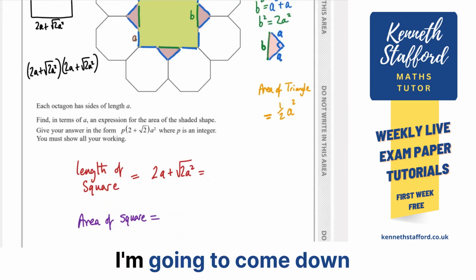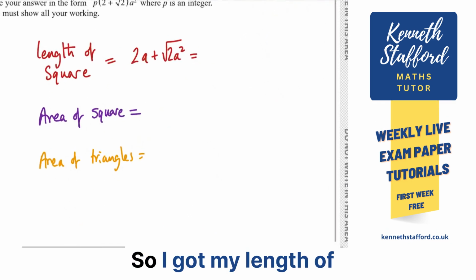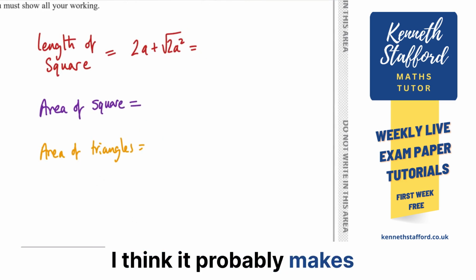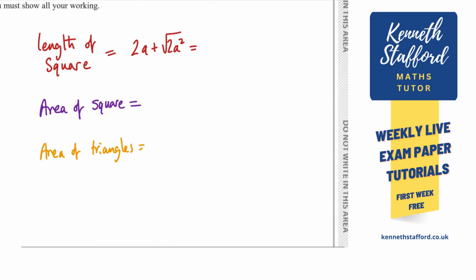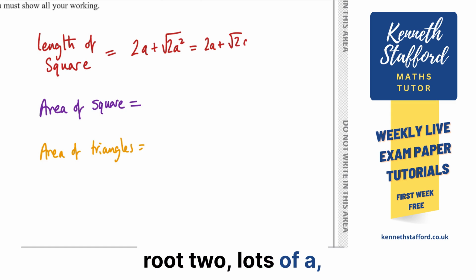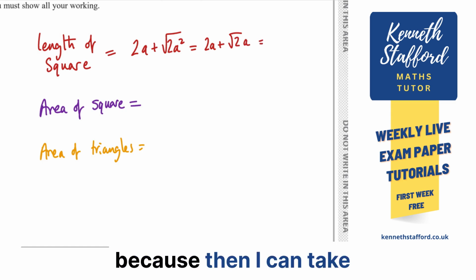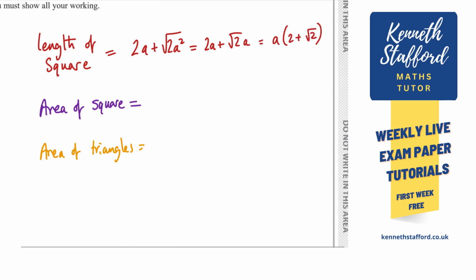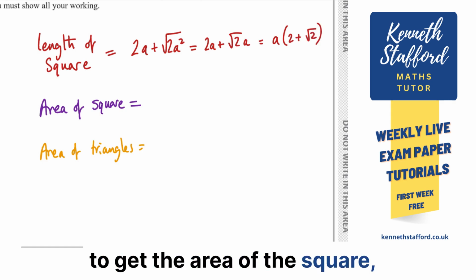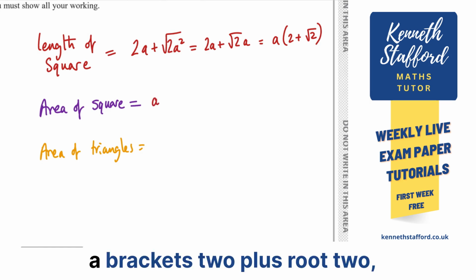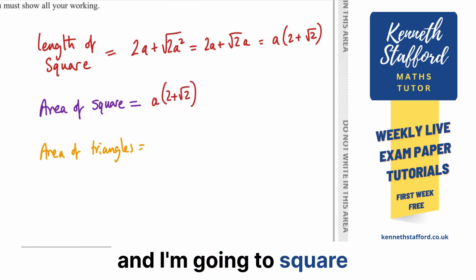So to do that, I'm going to come down here to do it. So I got my length of the square as this. I think it probably makes sense to actually adjust this to 2a plus root 2 lots of a, because then I can take a out as a factor. So now to get the area of the square, I'm going to do a brackets 2 plus root 2, and I'm going to square all of that.